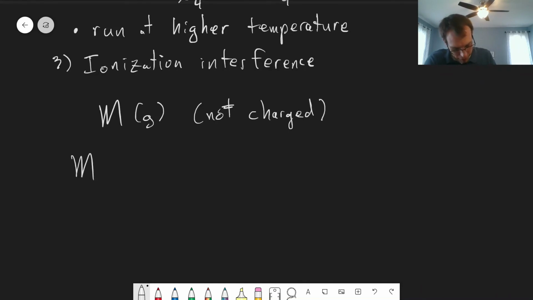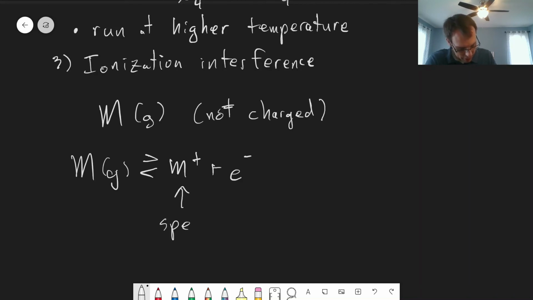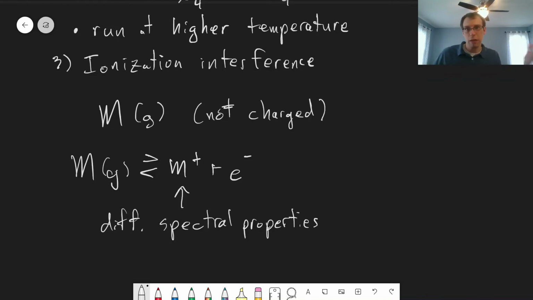But some atoms will very easily, in the gas phase, give up an electron and turn into their positive ions. This ion has very different spectral properties, because the energy levels are not the same for the ion versus the atom, because you've gotten rid of an entire electron, and so it changes all the energy levels that are present. So the wavelengths at which it absorbs and emits light are very different than for the neutral atom. So if you produce a significant fraction of the ion, it's going to affect your results.